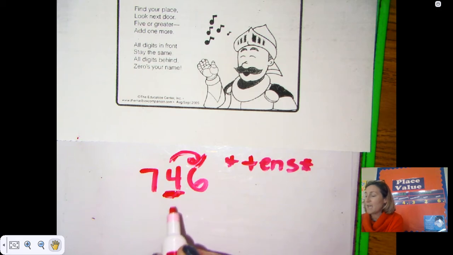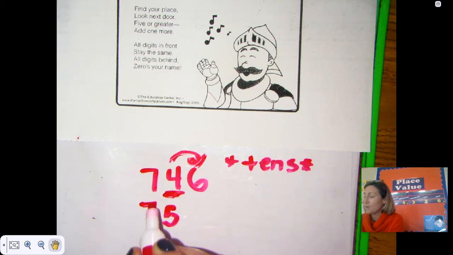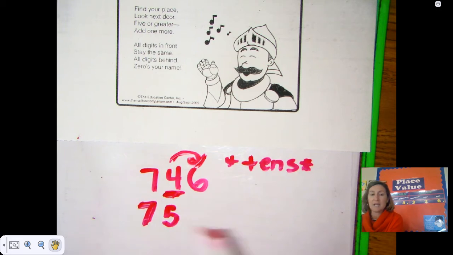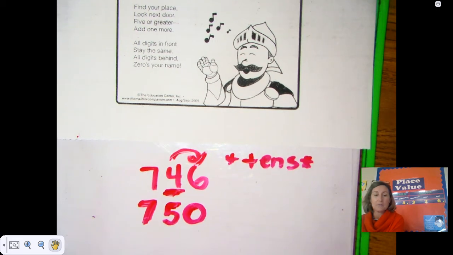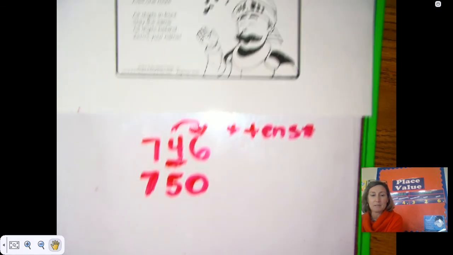So we're going to change the number we underlined. We're going to add one more. We're going to change it to 5. Now, the number in front, if you have any numbers in front, they're just going to stay the same. We're not even touching them. And all the numbers to the right, 0 is their name. So we just rounded 746 to the nearest tens place.